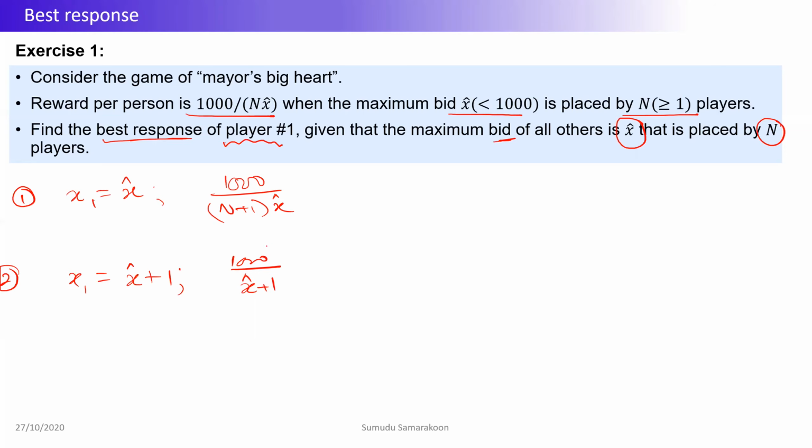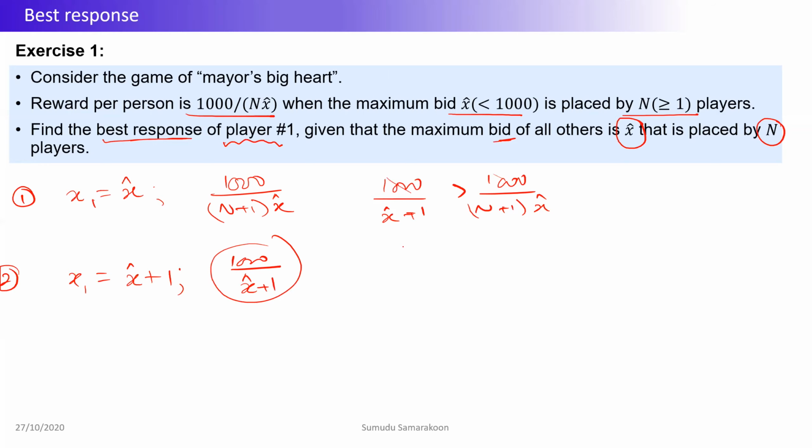Now let's see when this becomes better than having the same bid as the others. Now if we go check this scenario, and plus 1 into X hat, right? Okay, these two cancel out.